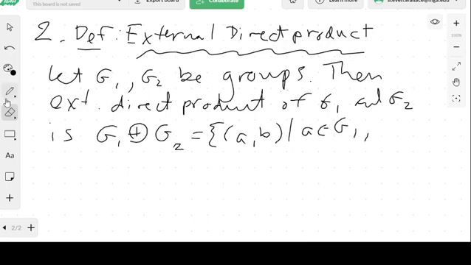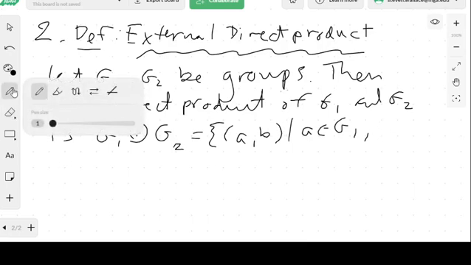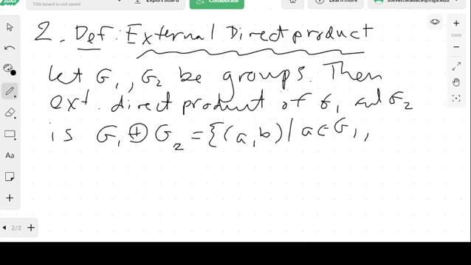Okay? And you say, well, is that a group? Well, yeah, we're going to define it to be a group by creating a multiplication or operation that definitely satisfies the group axioms.